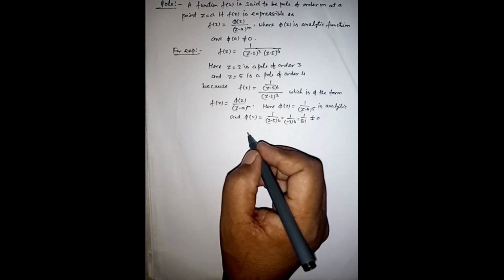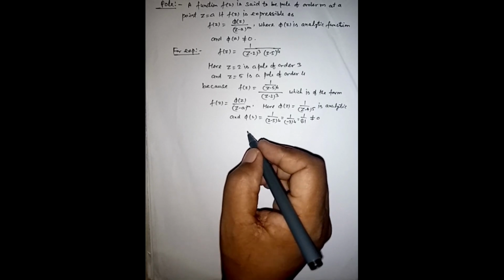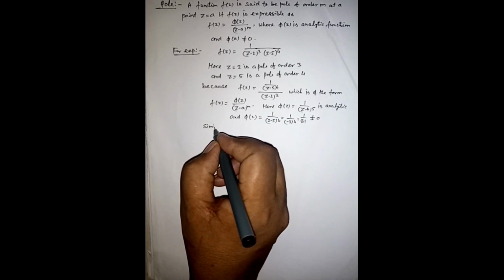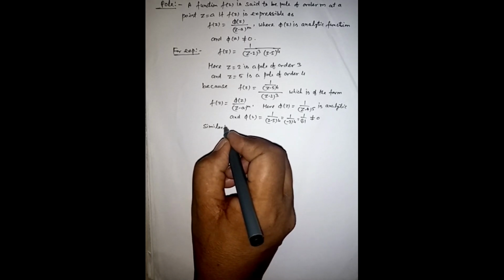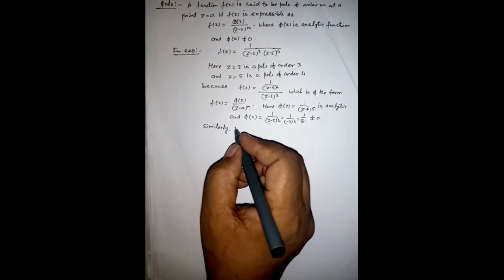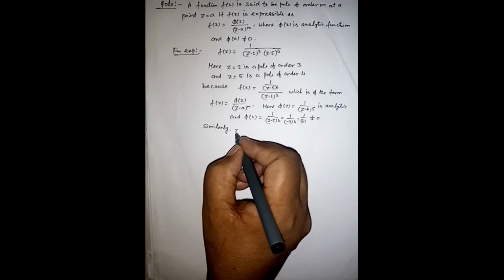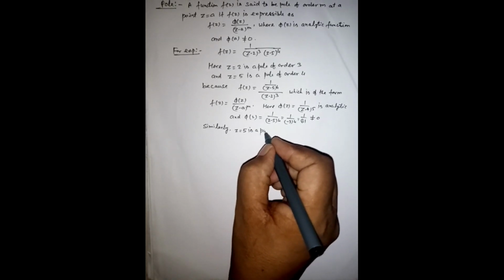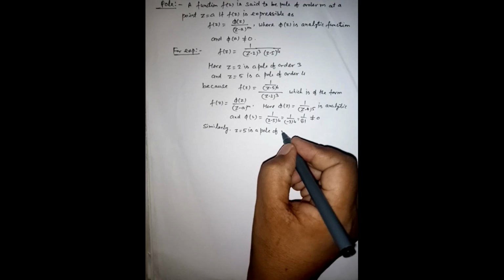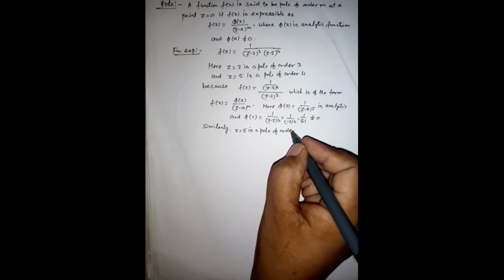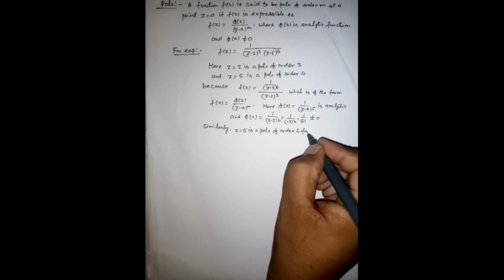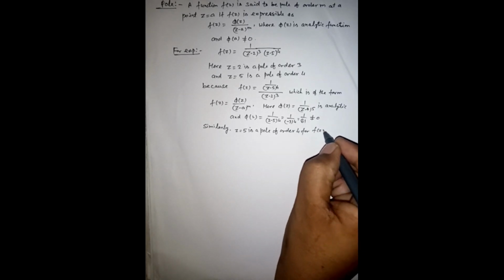Similarly, we can say that z equal to 5 is a pole of order 4 for the function f(z).